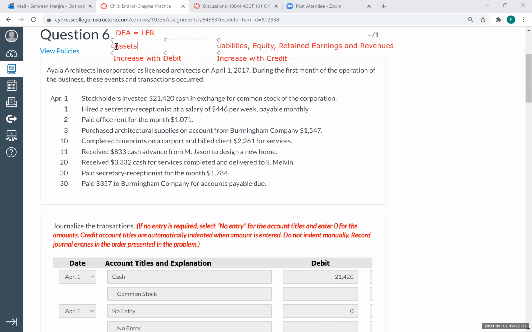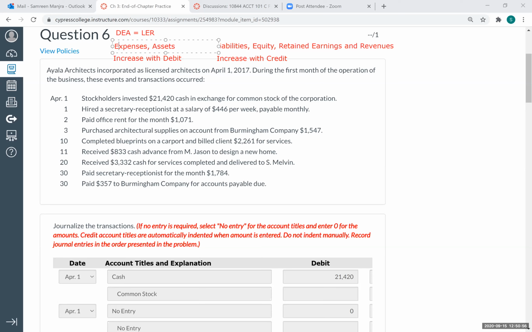Expenses reduce the net income, therefore they reduce retained earnings and equity. So expenses do the opposite of the other items in equity. Expenses increase with a debit.